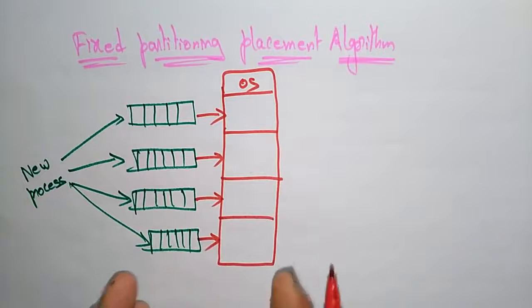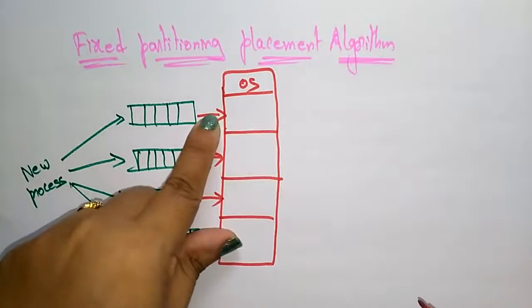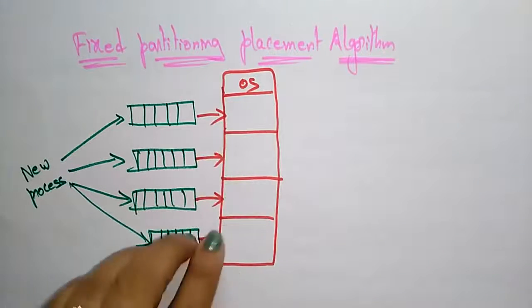This is one process queue per partition: for each partition, one process queue is arranged.